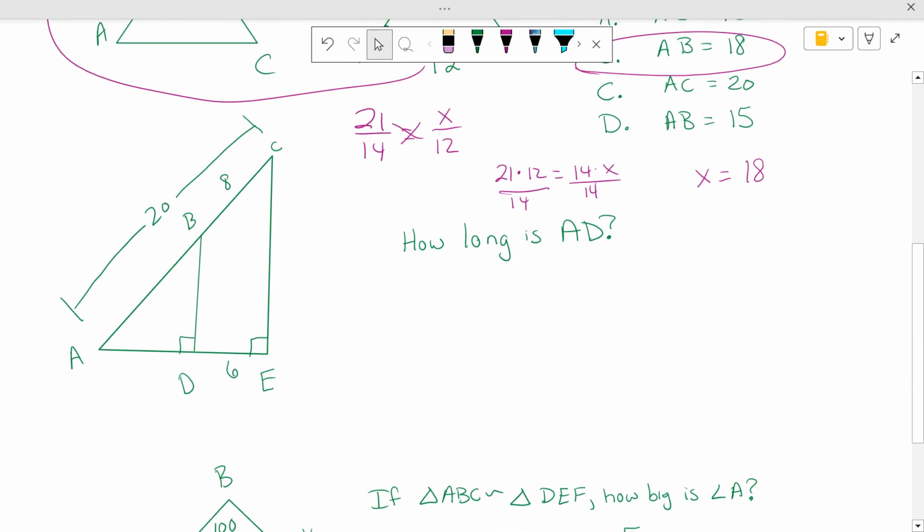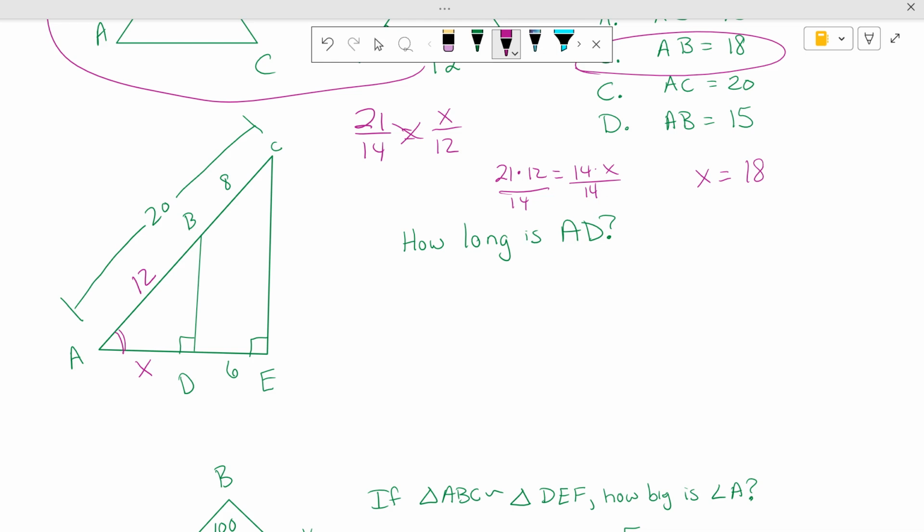How long is AD here? Well, if you're wondering how long AD is, let's put an X there. Okay? AD is X. How long is AB? 12. Because if AC is 20 and BC is 8, AB is 12. So, what happens here is these two triangles are similar, because this angle is congruent to itself, and they both have right angles.